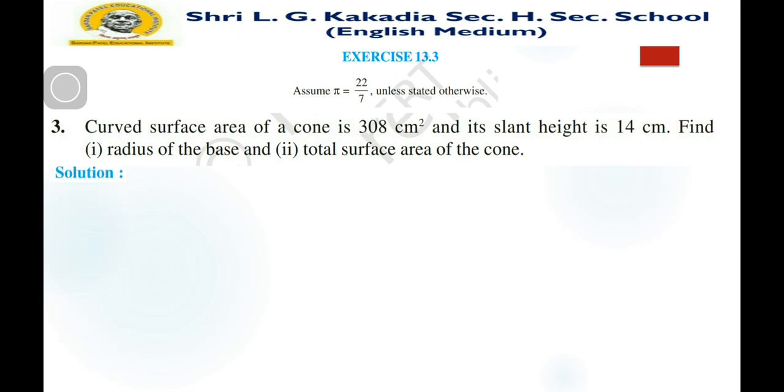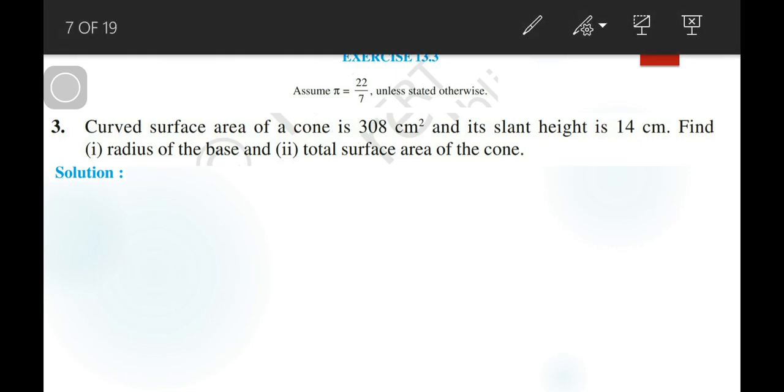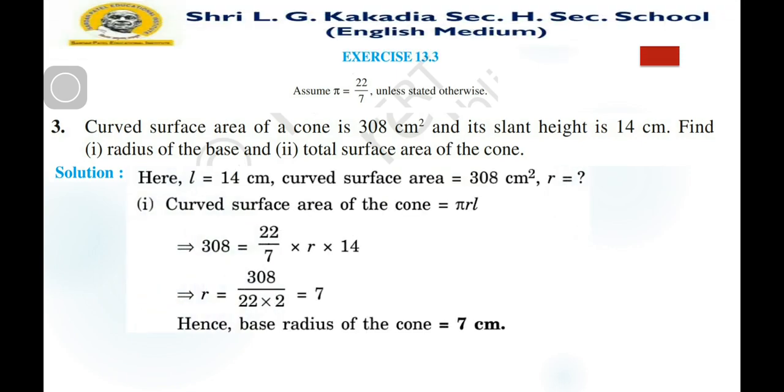So, solution of this example. Here L is equal to 14 centimeter, curved surface area is equal to 308 centimeter square, and R is what we want to find. Here we know that curved surface area of a cone is equal to pi RL.